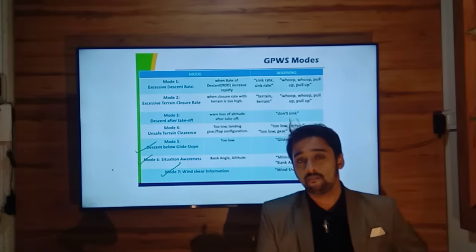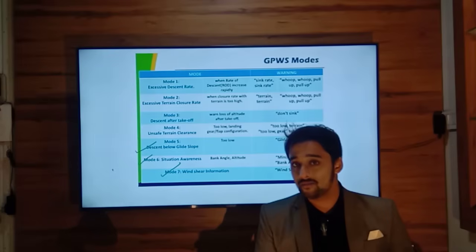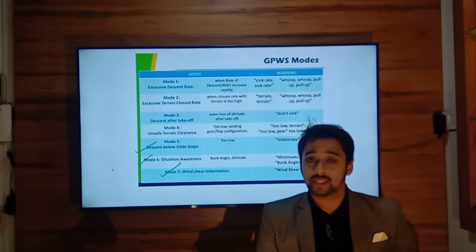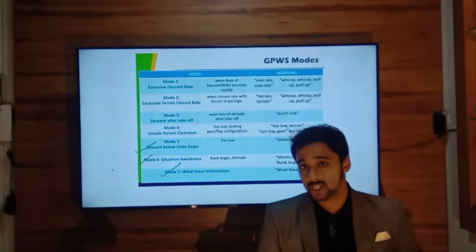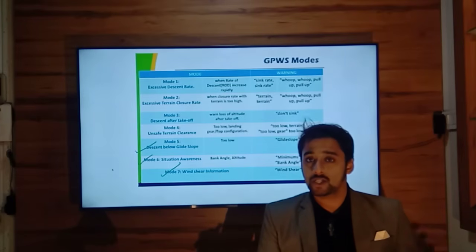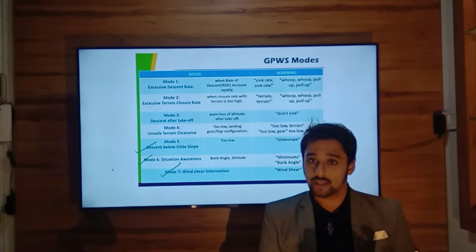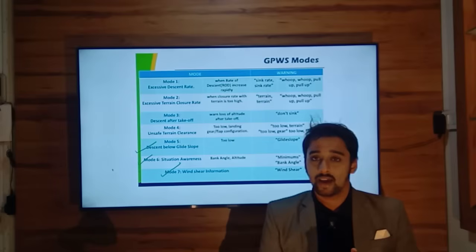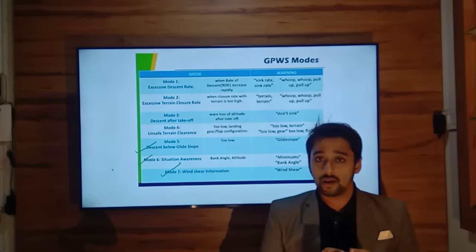So mode 7 is wind shear. You can find an ample amount of videos on YouTube where an aircraft has come to land on the runway, it is just 50 feet, 40 feet above the runway, about to touch down, and there has been a gush of wind shear, a sudden increase or decrease in wind speed, or a sudden reversal in wind direction, due to which all the calculations that the pilot has made in his mind to maintain a crosswind correction, the speed of landing, and everything that he has calculated goes awry.